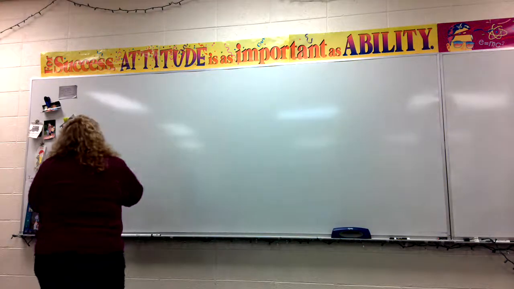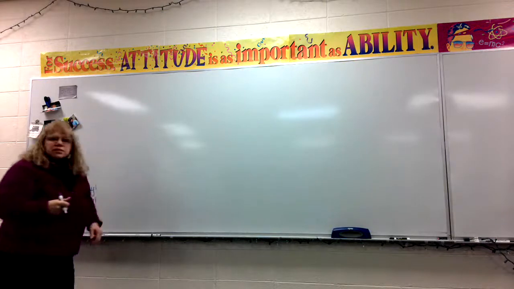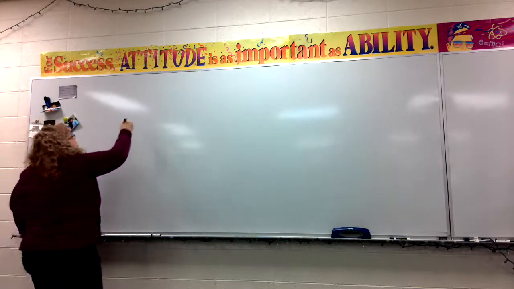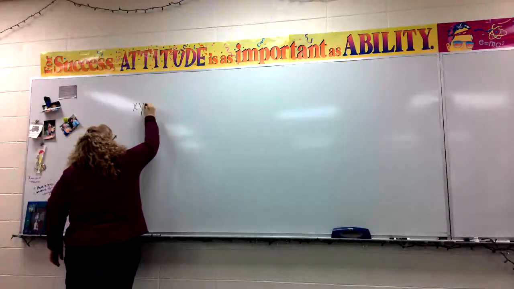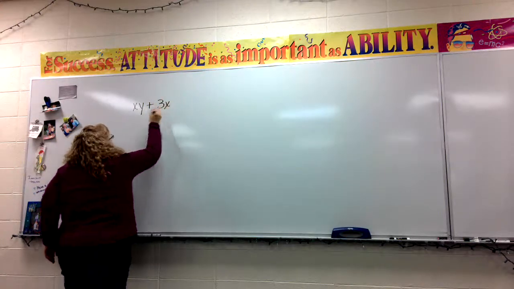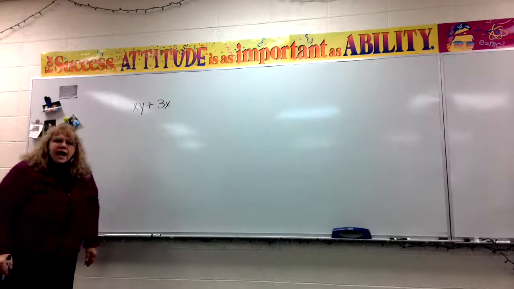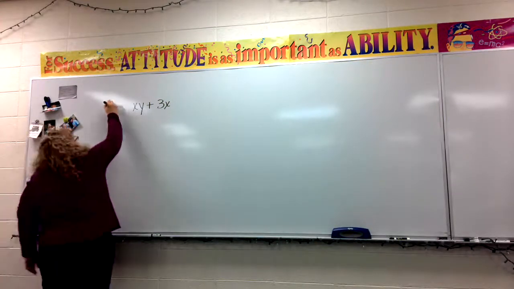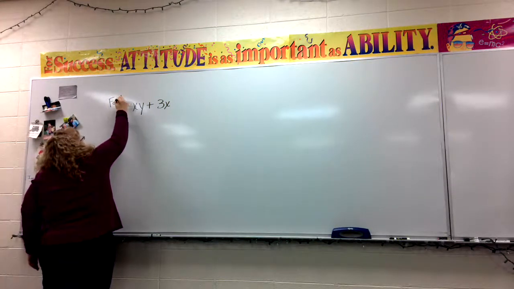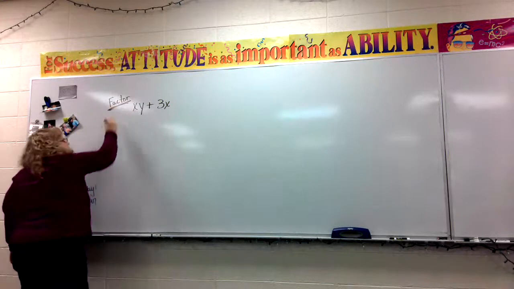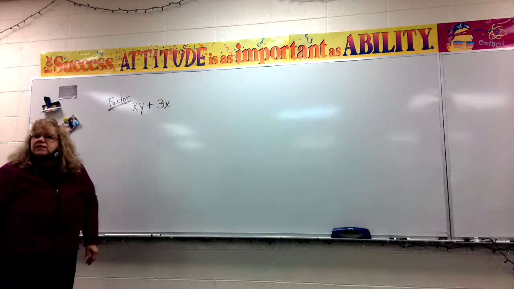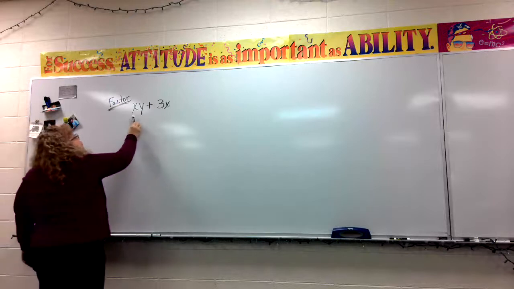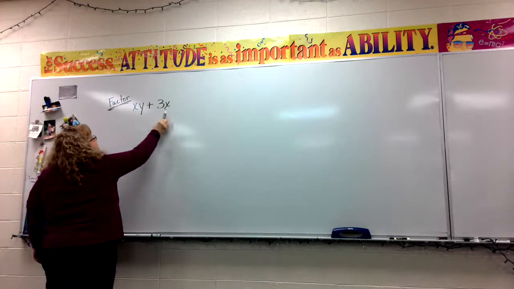So, when we first started factoring, we did something like this: XY plus 3X. And when I asked you to factor that, the first kind of factoring we did was looking for something common. Do these have anything in common?